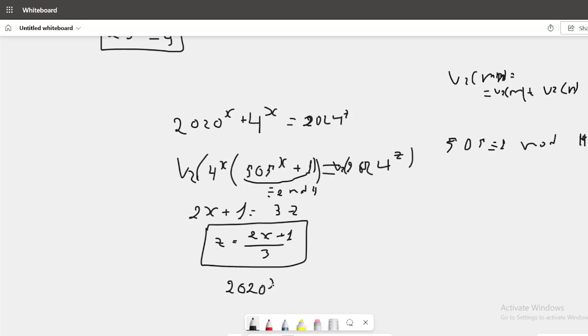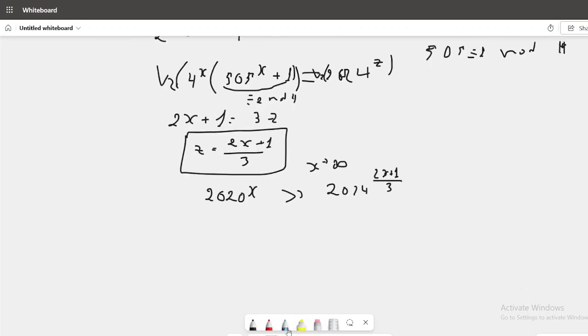2020 to the power of x compared to 2024 to the power of 2x plus 1 over 3. This is significantly larger as x approaches infinity. The reason for that is x times the ln of 2020.